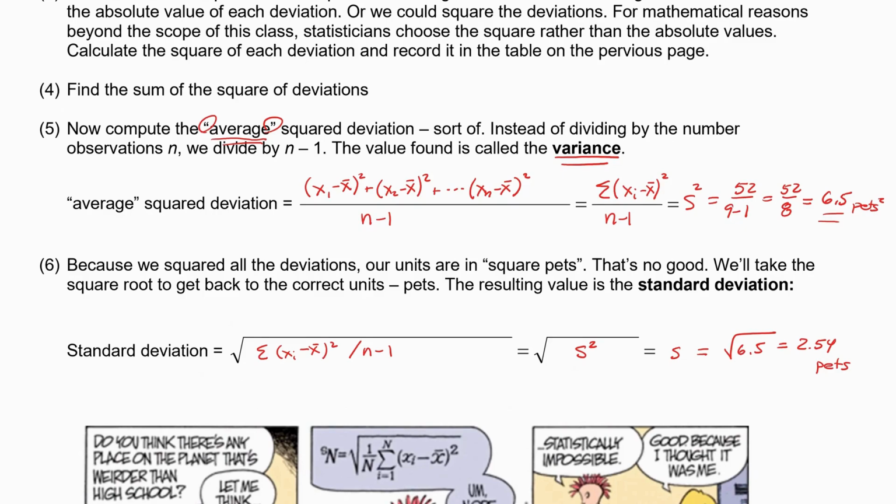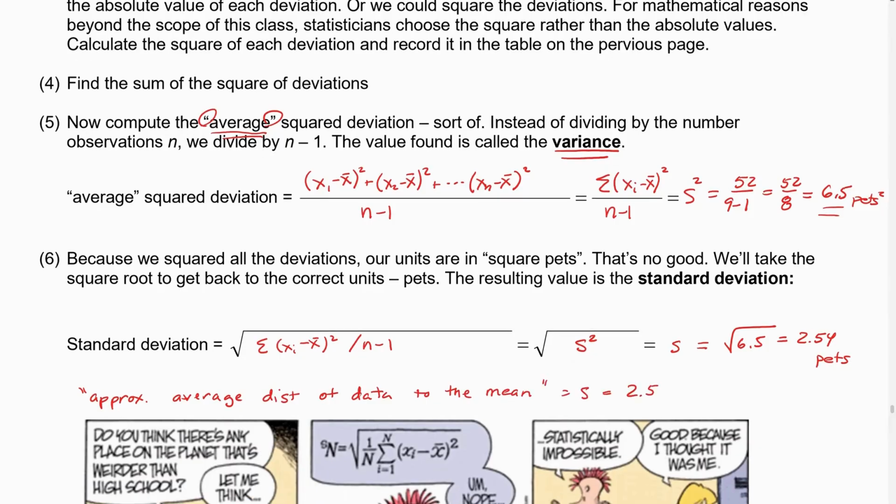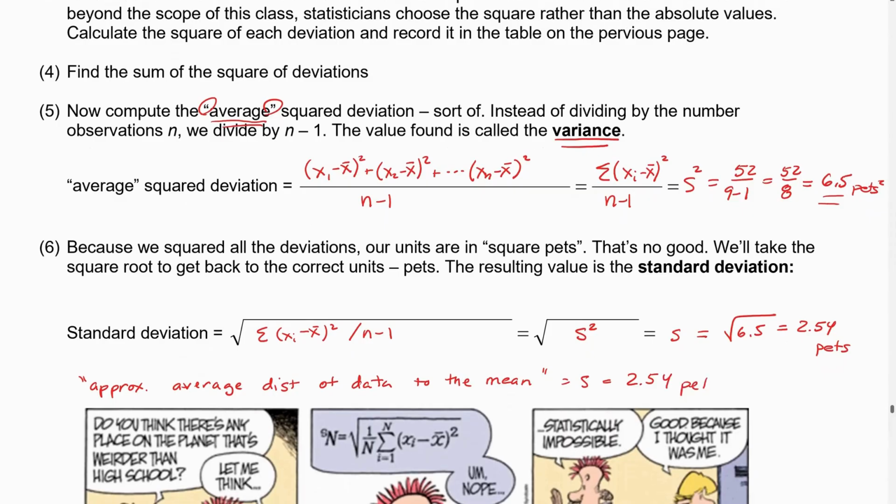So we would say, I'm going to put the word approximate, the approximate average distance of the data to the mean, which is s, in this case 2.54 pets. All right?